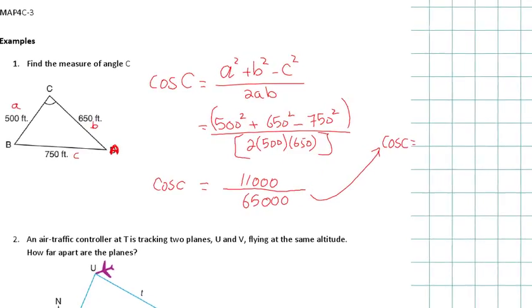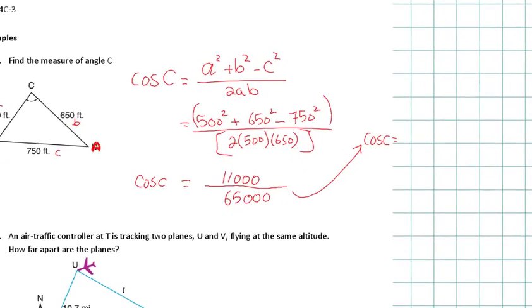What's after the 2? Okay. And the last step I have to do is the inverse. So I have to do cos inverse of 0.1692. What do I get?